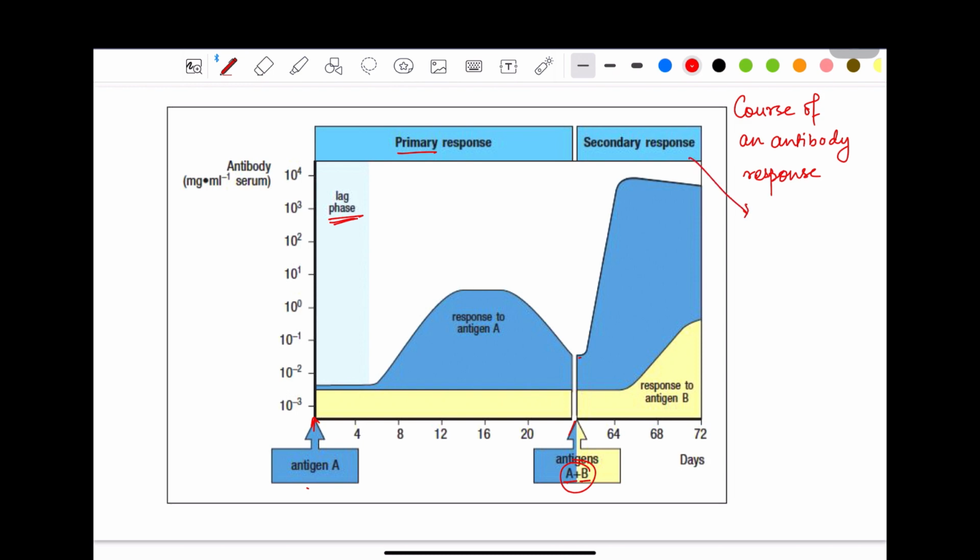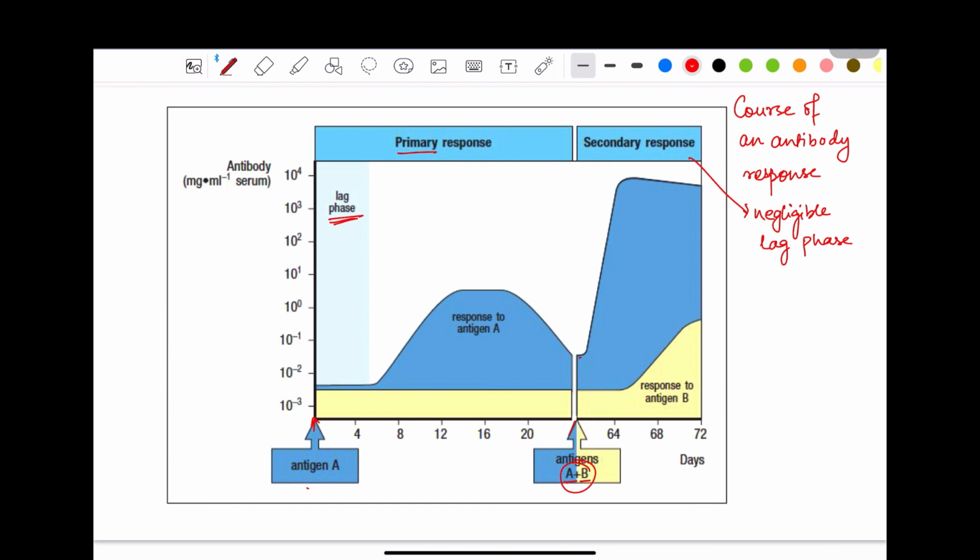So here, almost negligible lag phase, and also the antibody response is much more effective. How? Because the level of antibody, the amount of antibody that are produced is much, much larger in case of the secondary response. Why does it happen?